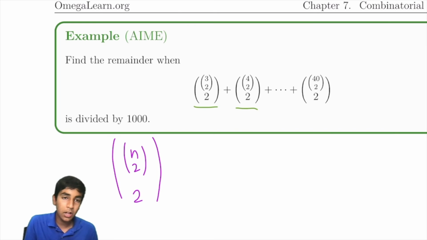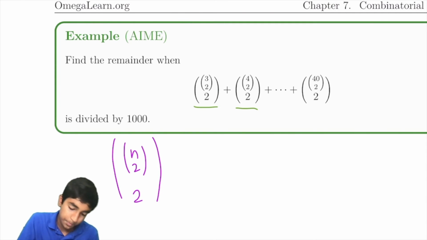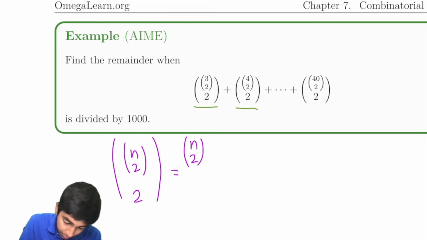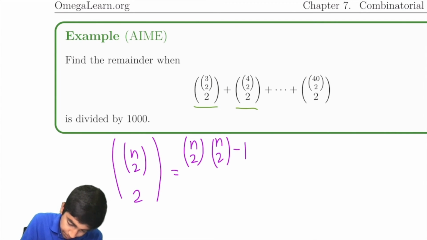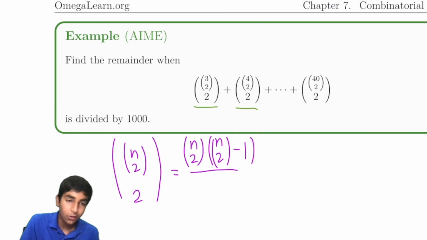Okay, now I'm not about to deal with this because we don't really know any combinatorial identities for something choose another thing. So let's just write this algebraically with our choosing formula. That's just n choose 2 times n choose 2 minus 1, and all of that over 2.